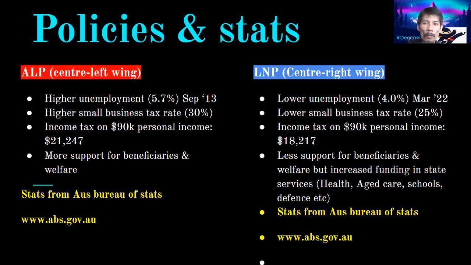Green is for the House of Reps, white is for the Senate. You have to fill in both, and you have to rank from number 1 to number 6 or number 12, depending on the ballot paper, in descending order. Number 1 is your favorite candidate, and the last number is your least preferred candidate.